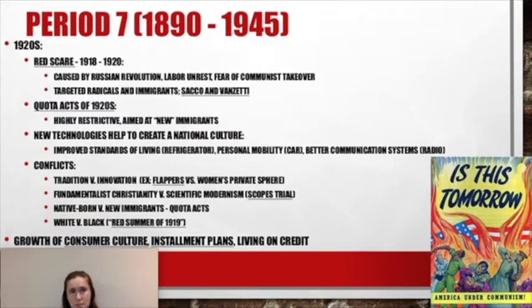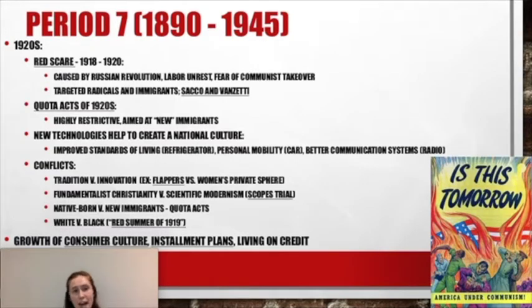Because of the Red Scare during this time period, and in reaction to the rise of immigration rates earlier, we are really going to see a massive decrease in immigration. In particular, immigration of the quote-unquote new immigrants, such as from South and Eastern Europe, as well as Asia.